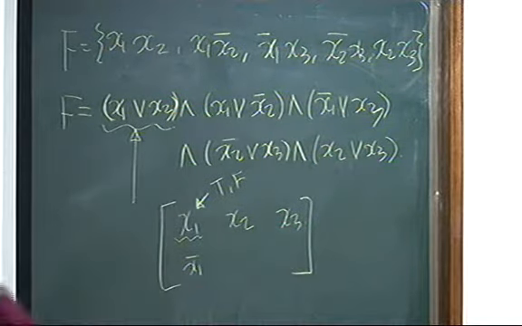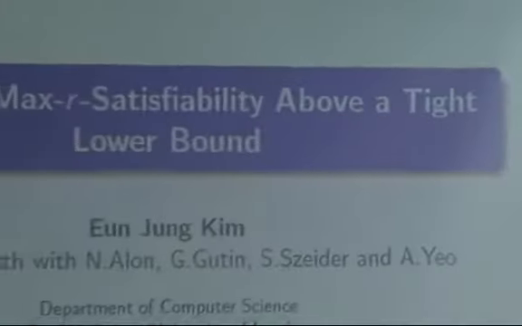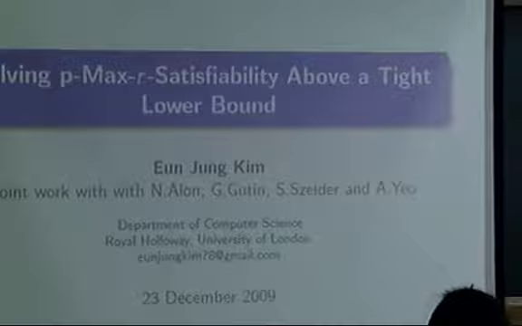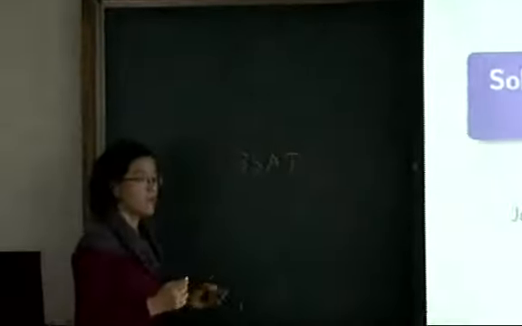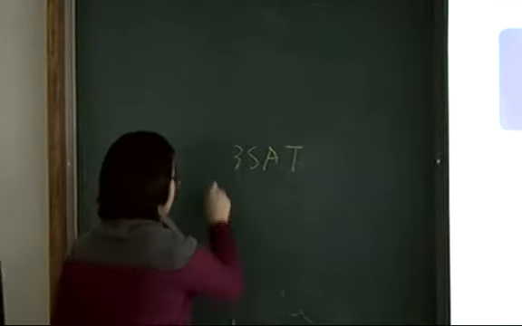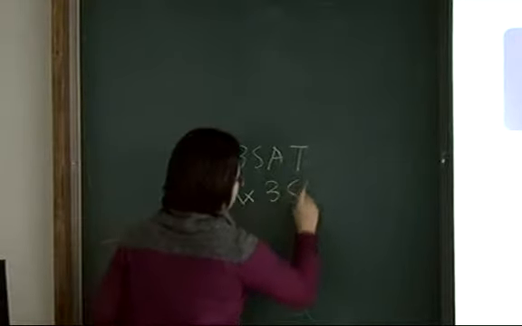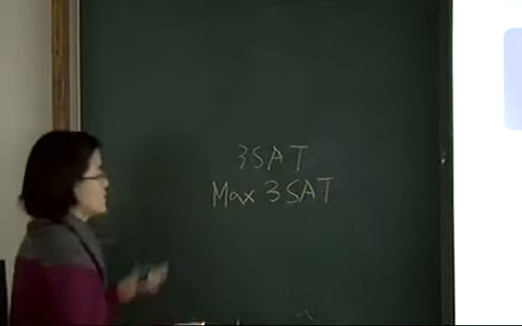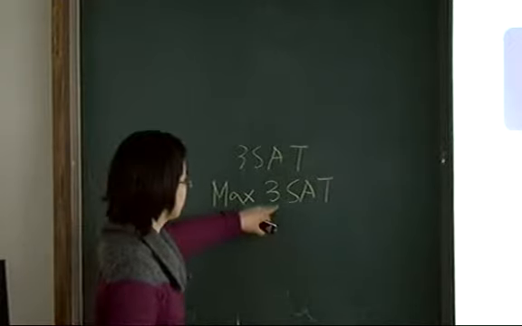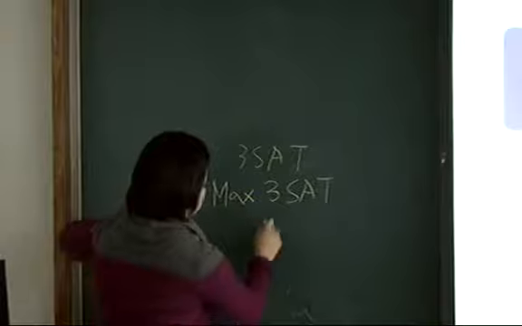This is a very well-studied problem, and just as 3-satisfiability is important to study NP completeness, max 3-satisfiability means we want to satisfy as many clauses as possible in a 3 CNF.